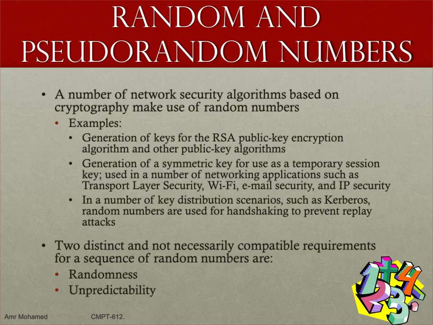We have two major properties, and NIST actually defines, if some of you are familiar with that, a set of tests to apply on any technique that claims to generate a random sequence. The idea here is that, first, this random sequence should be random, that is, it should have uniform distribution.